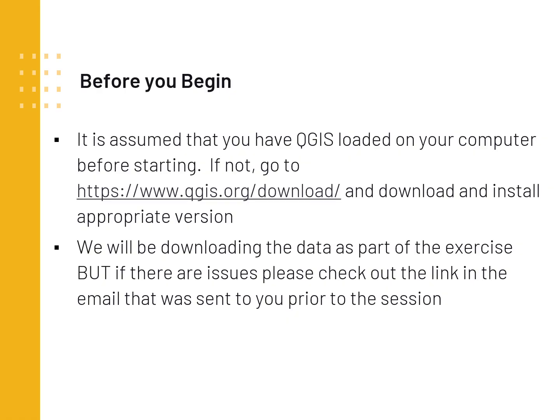Note that this software is available for multiple platforms, be it Windows or Mac. We will be downloading the data as part of the exercise, but if you have any issues, please check out the link that was emailed to you prior to the session and use that if there's any problems with any of the websites.